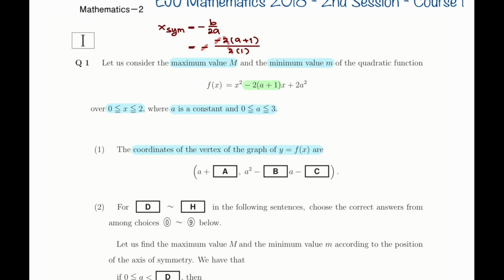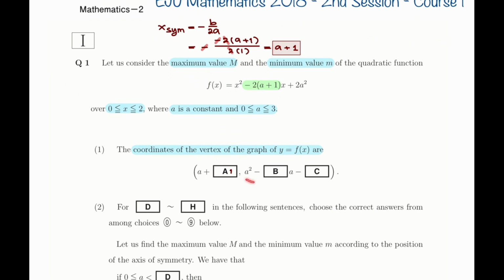So my x coordinate of the vertex is a plus 1. Once you have the x coordinate of the vertex, we can substitute it into the quadratic function to obtain the y coordinate of the vertex.